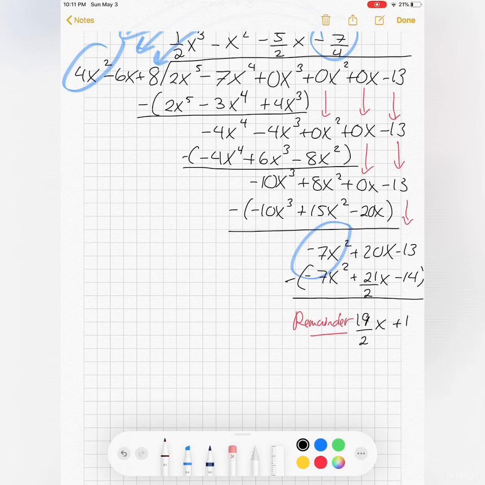All right, so how would that look? Let's see, I have 2x to the 5th minus 7x to the 4th minus 13 divided by 4x squared minus 6x plus 8.